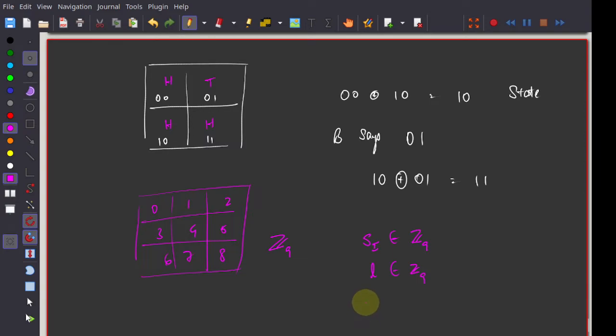Suppose I do this. And now what do I do? So I basically want to switch somehow such that the new state becomes equal to H. Question is, can this be done or not? It should be done always.